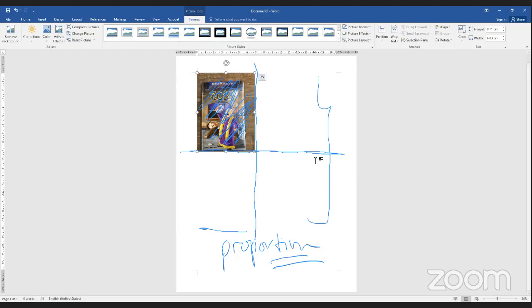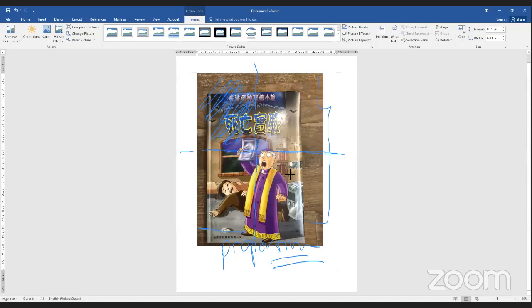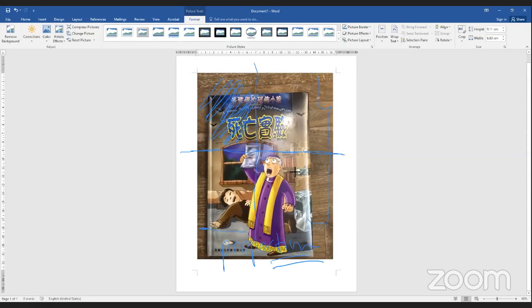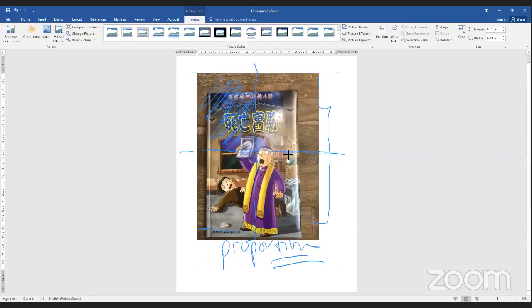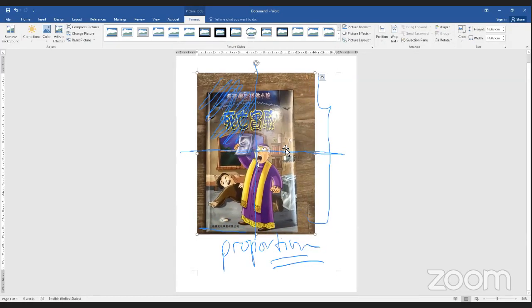Side proportion, and then angle proportion. Right. If you know this, fine, then we don't need to have the lesson. Go and do your homework. This is what we mean by proportion.